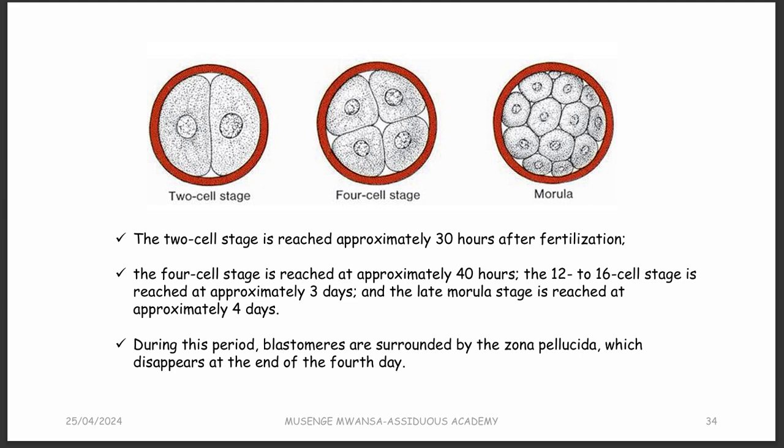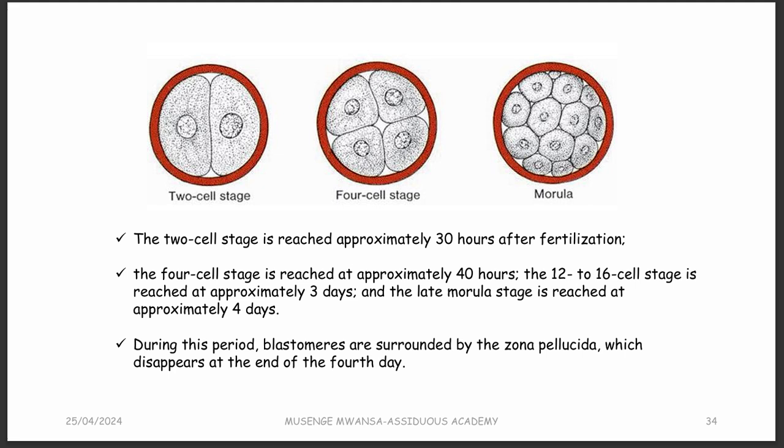Is there any question? You need to understand this, because questions are interesting in the way they're asked.